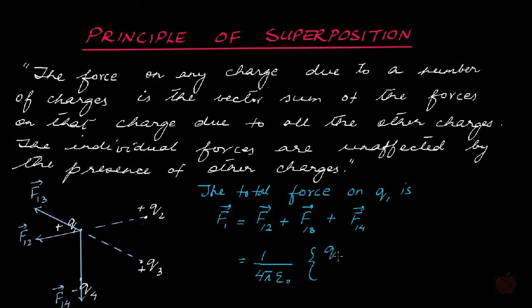So this will be Q1 Q2 by R12 square, plus the second one between Q1 and Q3, so you have Q1 Q3 by R13 square, plus Q1 Q4 by R14 square.